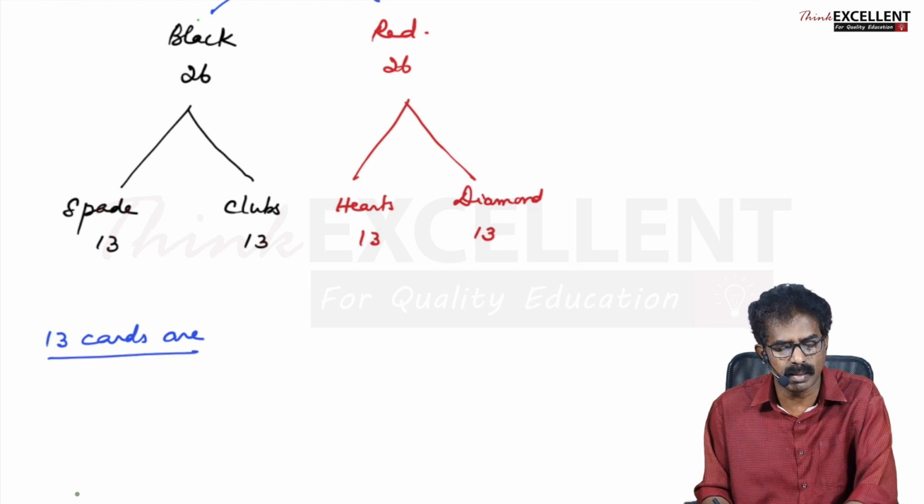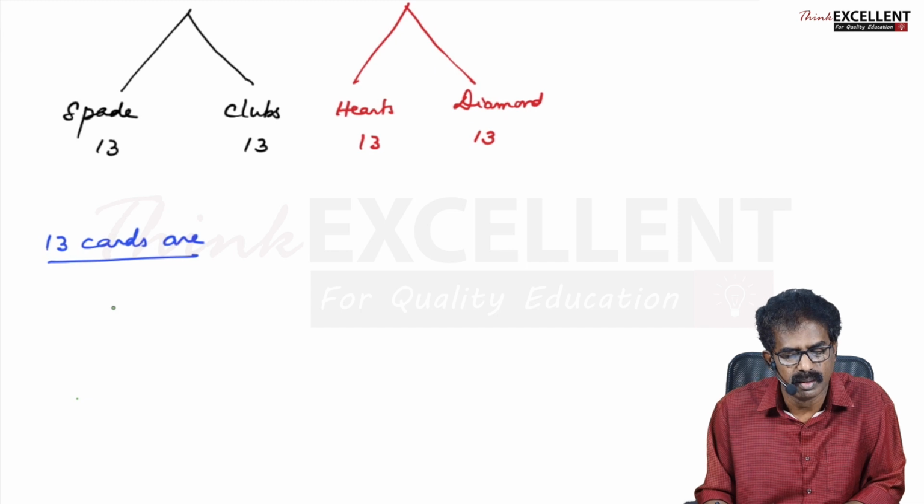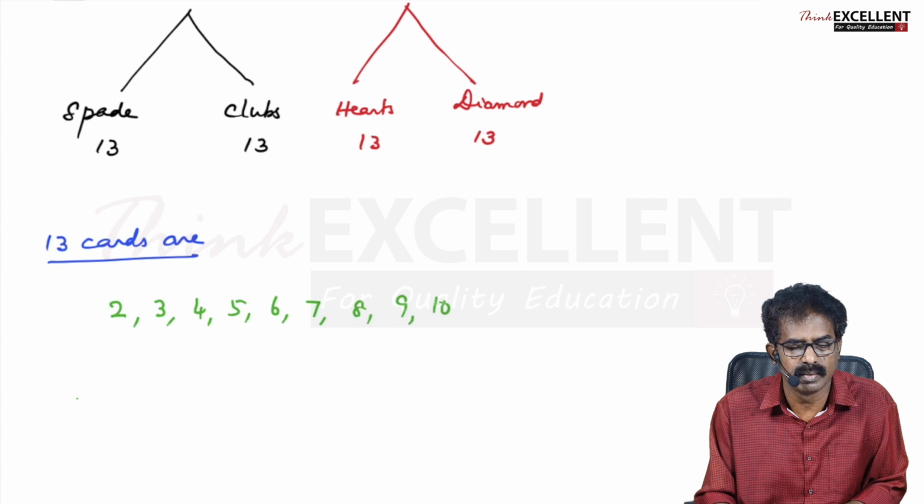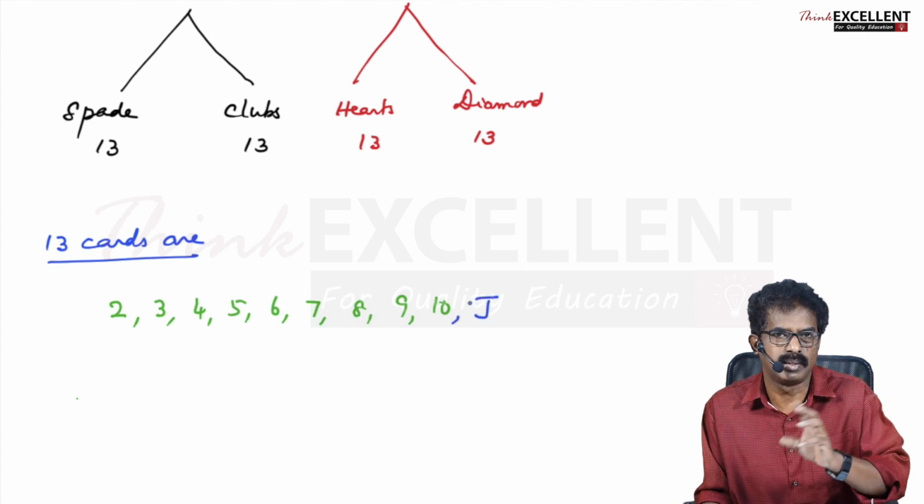There are some numbers starting from 2, 3, 4, 5, 6, 7, 8, 9, 10, no 11, 12 and all. Then some cards with some faces. Jack, some pictures will be there.